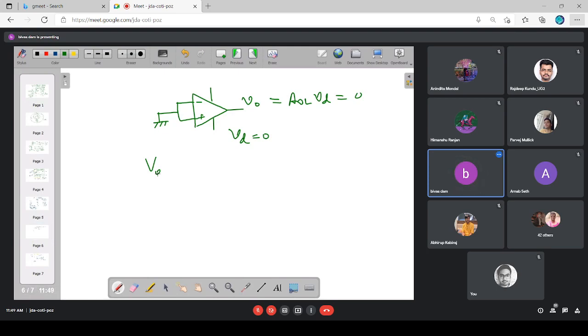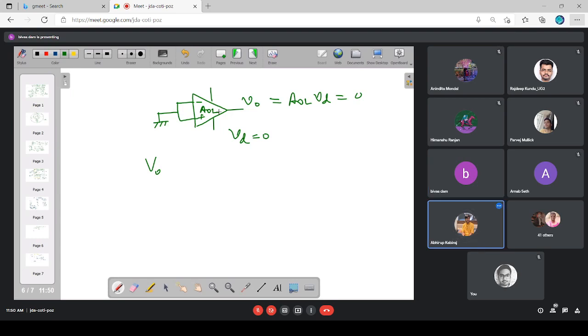Now, the open loop gain of the op amp is AOL. If I have to give some reason behind this available non-zero V0 at the output, I have no other option but to say that my two input terminals are not exactly at the same potential.